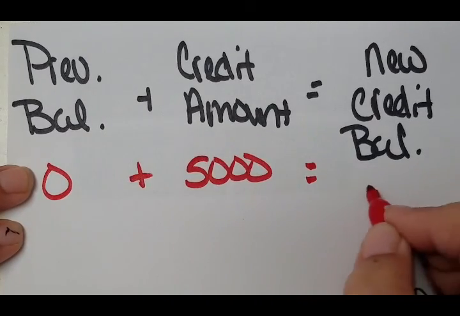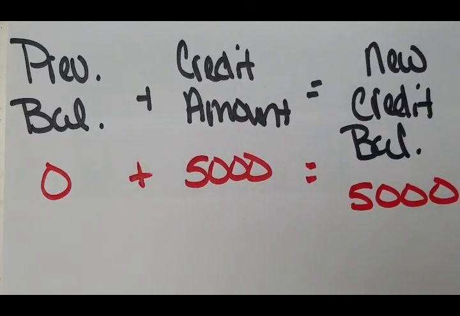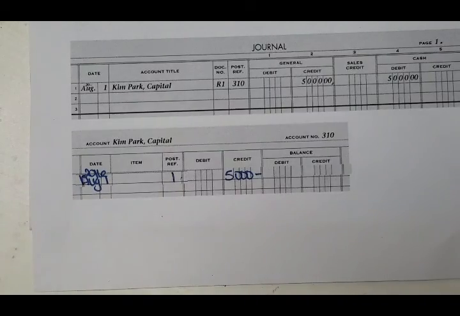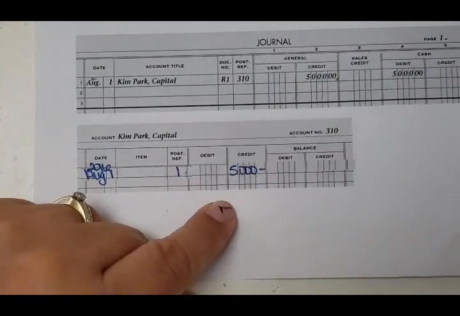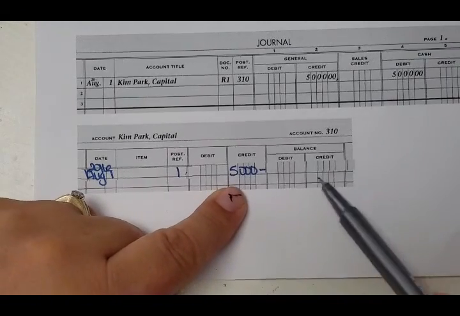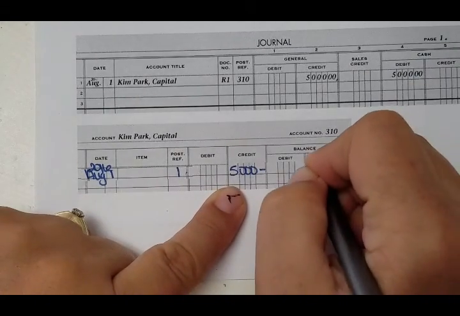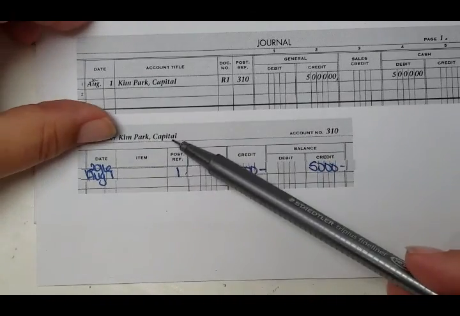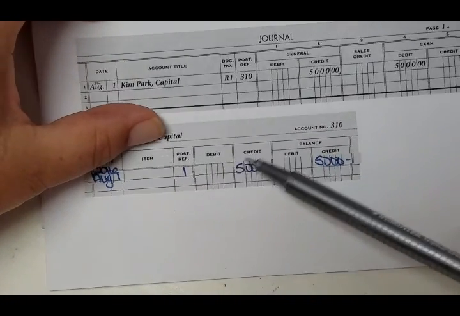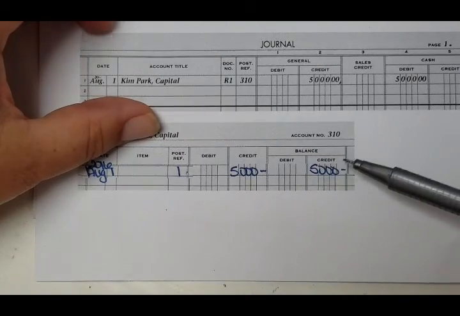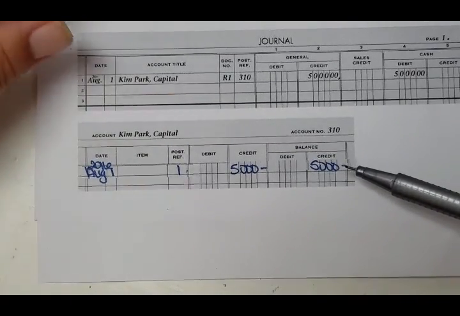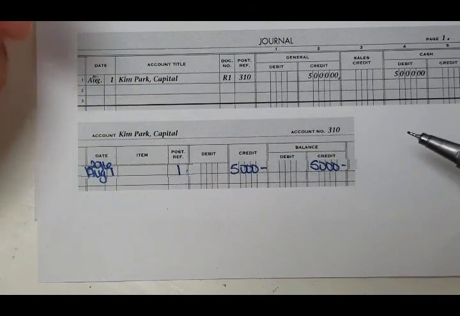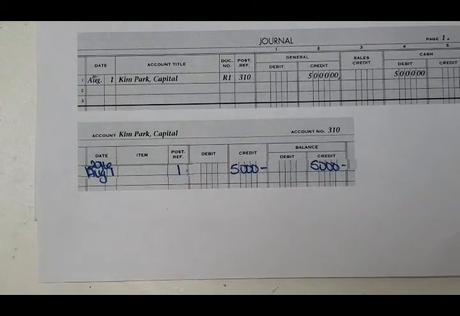So 0 plus 5,000 equals 5,000. And because this is a credit, my balance is now going to be a credit. If you think back, Kim Park Capital, all capital accounts, they're owner's equity, and owner's equity has a normal credit balance. Normal balance is always the side that increases.